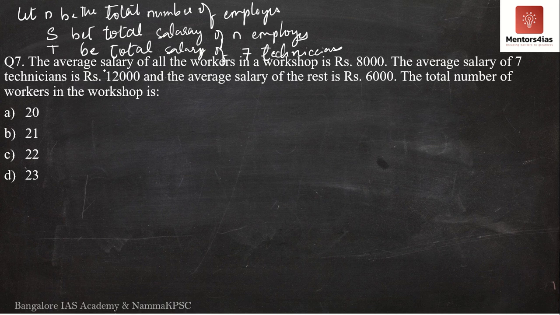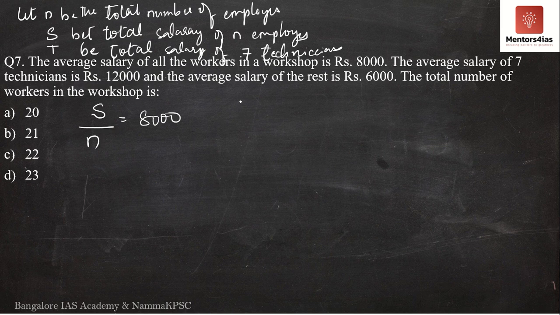What does this mean? When you divide the total salary S by the total number of employees n, we get the average salary of all the workers, which is rupees 8,000. Now, the question goes on to say the average salary of the 7 technicians is 12,000. What is the total salary of the 7 technicians?